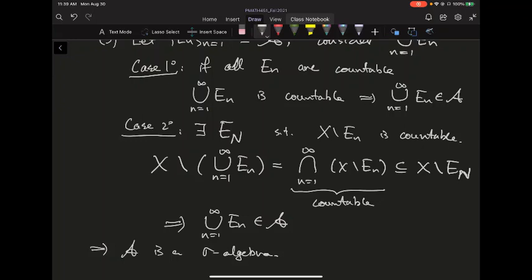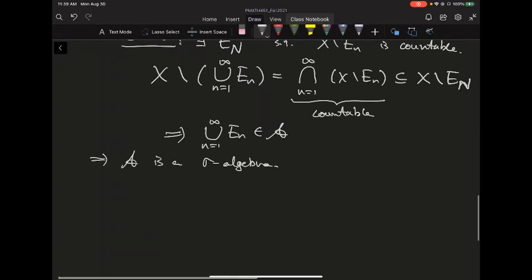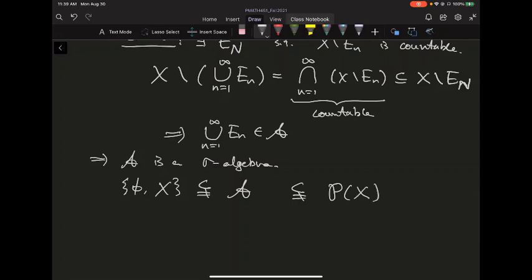And you can see that this A is not equal to the trivial one. It certainly contains the trivial one, but it's not equal to it. You can convince yourself it is also not equal to the power set of X because, when X is uncountable, you can always break it up into two uncountable sets, each one the complement of the other.